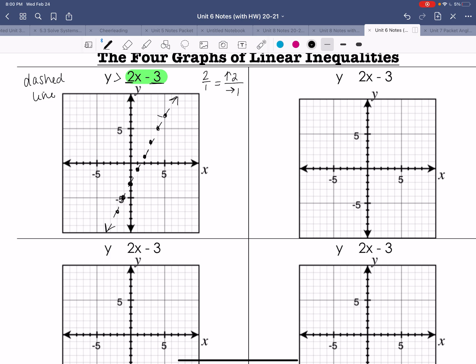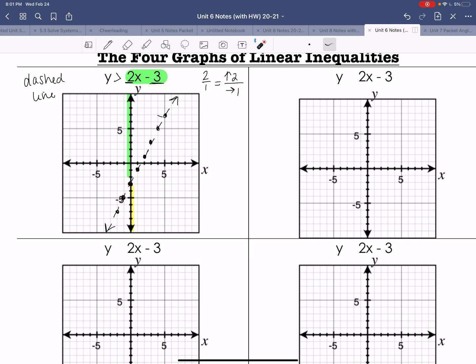Now, I split my y-axis into this top portion and this bottom portion, okay? From that y-intercept, it's split my y-axis into those two pieces. So if I'm saying y is greater than this equation, I want to shade where the y values are bigger than this y-intercept.